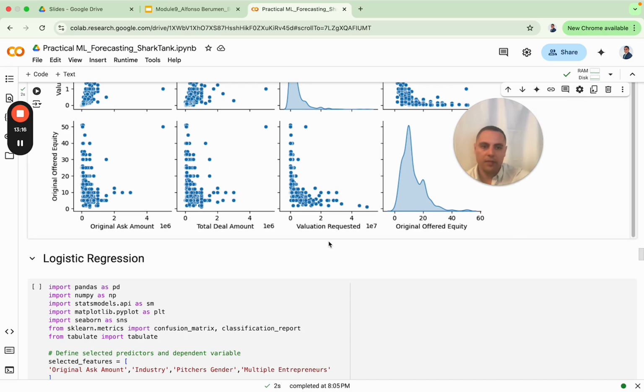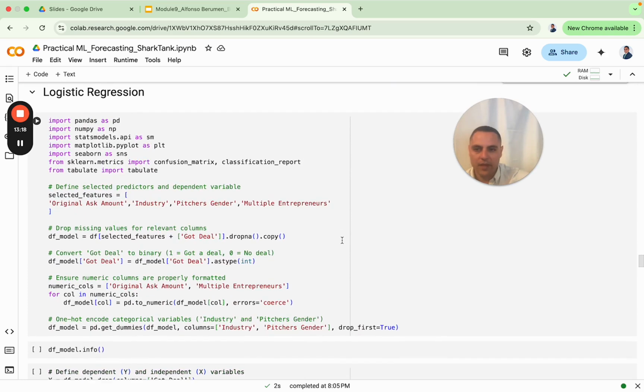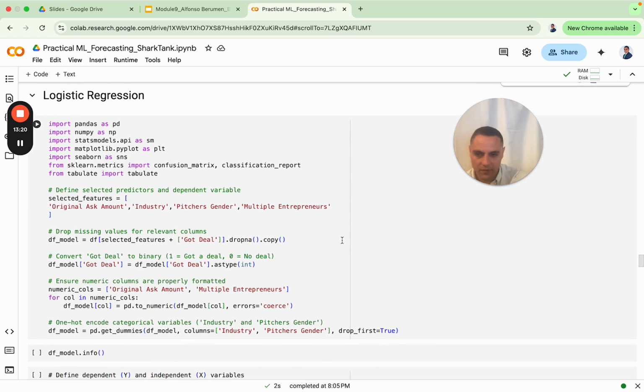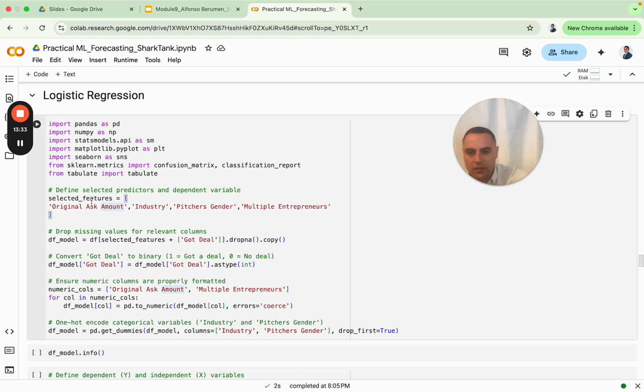So if you look at logistic regression, again, we have a categorical dependent variable. Guess what? I'm going to use got deal, right? So got deal is the categorical variable I'm going to use, and I'm going to use these features or variables, including original ask amount, industry, gender, and then whether or not there are multiple entrepreneurs.